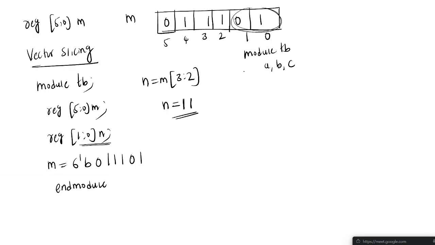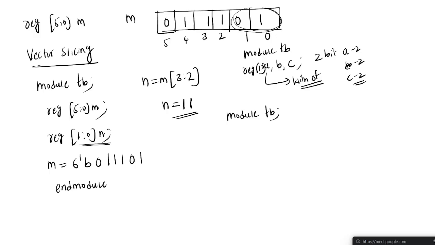Module TB, reg [1:0]. So what is the width of a, b, c? 2 bits each. A is 2 bits, B is 2 bits, and C is also 2 bits.